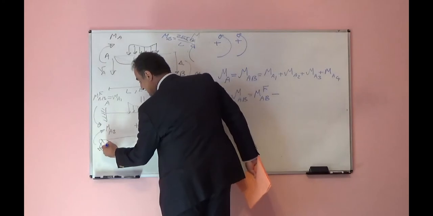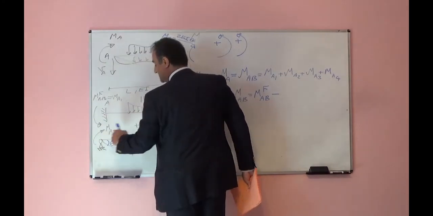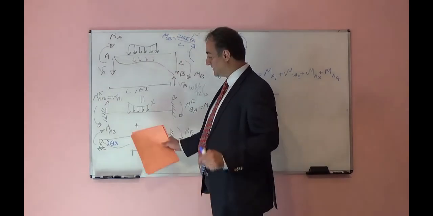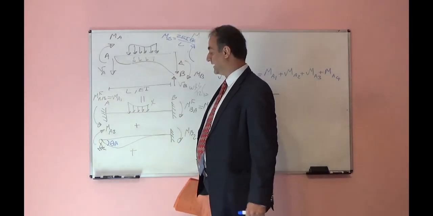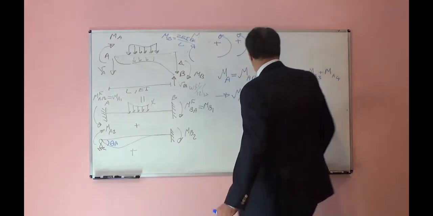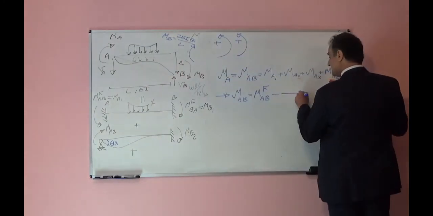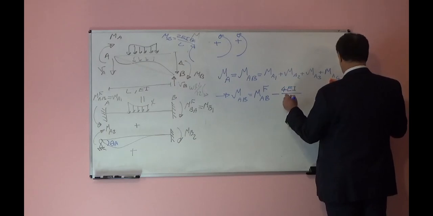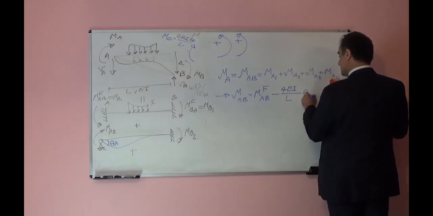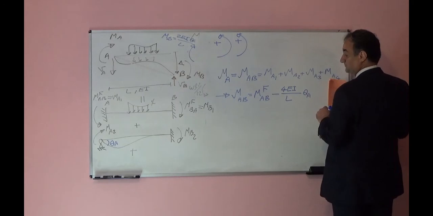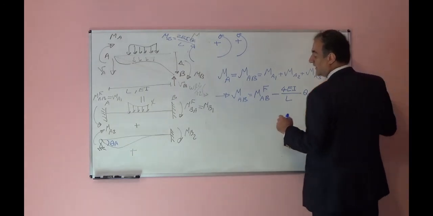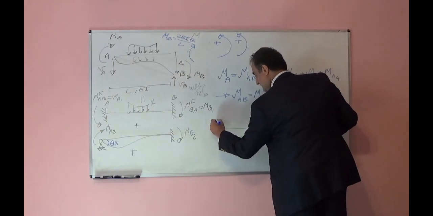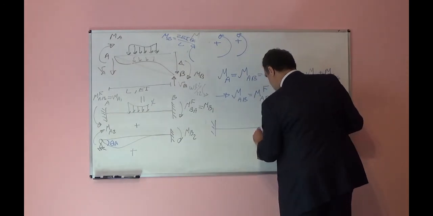what is the theta here? It is theta A. What is the relationship between MA2 and theta? Theta A times 4EI over L will be MA2. So instead of that, I will put 4EI over L theta A. If I apply MB2, I remove that part if you remember.